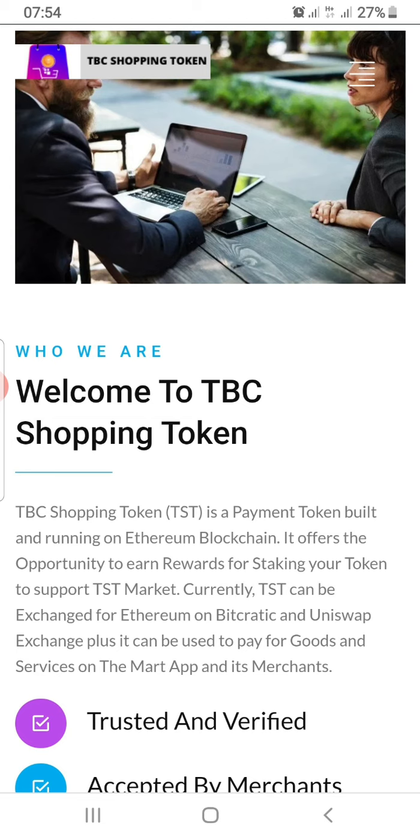So in the case of TST, we have different systems that are connected together by the token TST. Number one on the list of the ecosystem is the community. The community are the holders and distributors of TST.